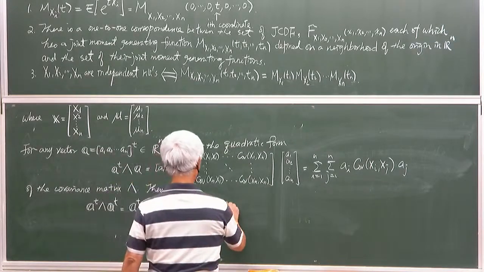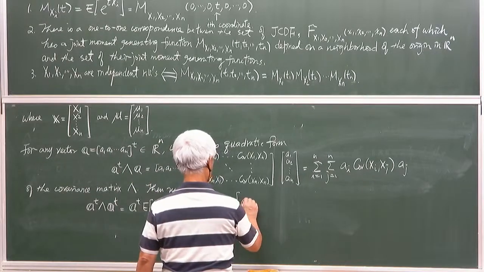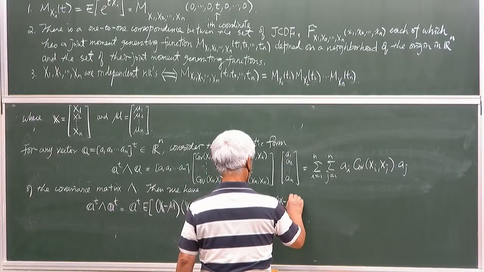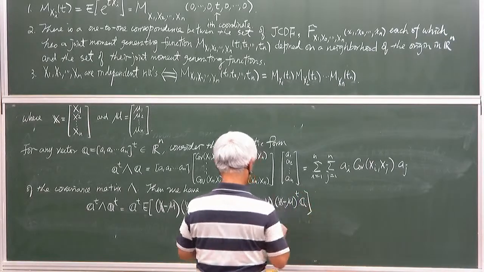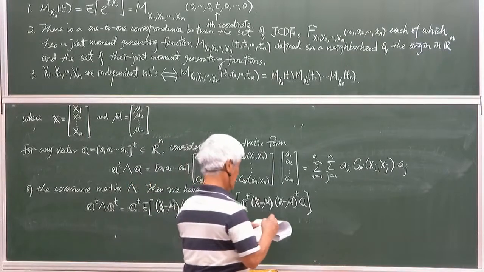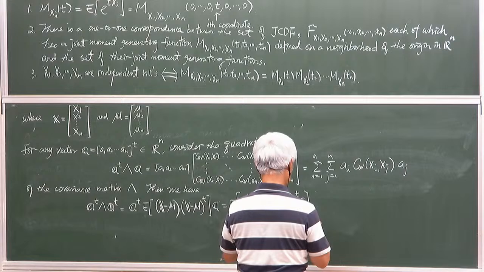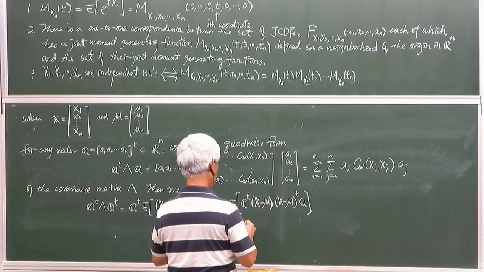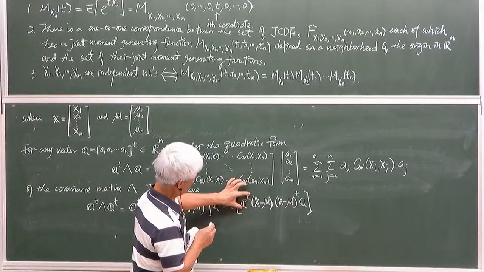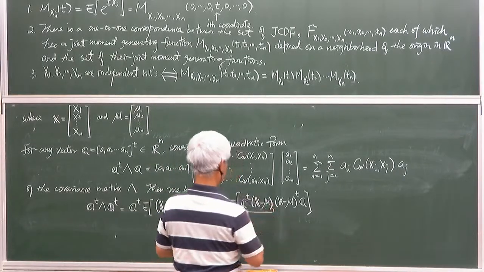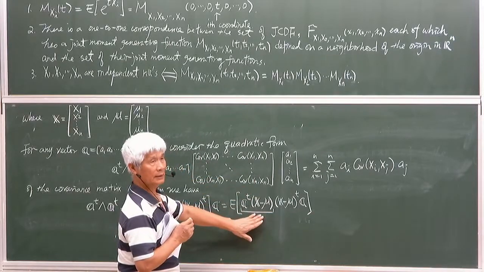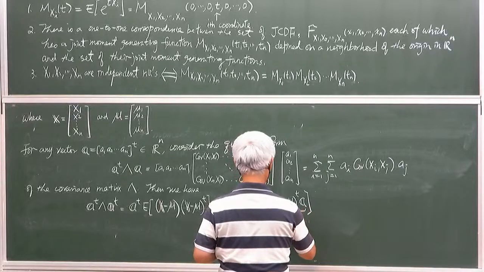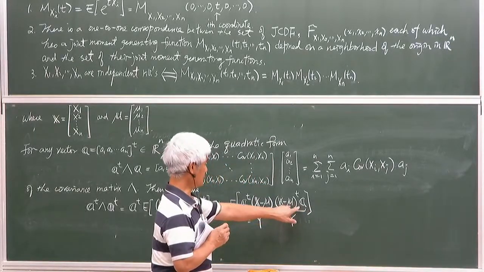And by the bilinearity of expectation, a transpose, okay, it's here. All right, and as you can see, this is the row vector, this is the column vector, so this multiplication is a random variable, and this we call y.